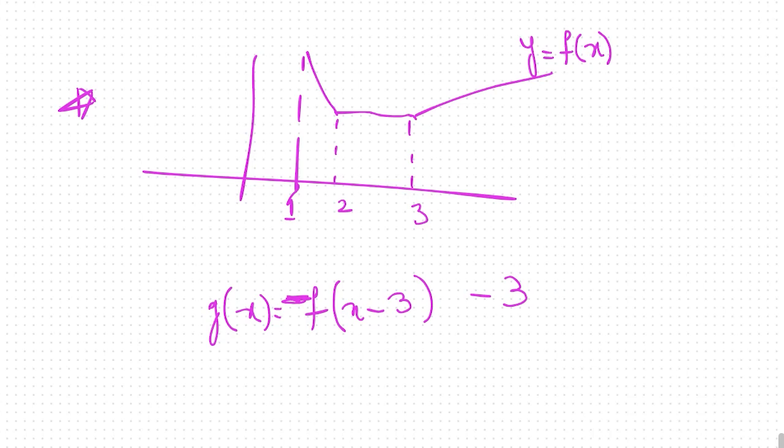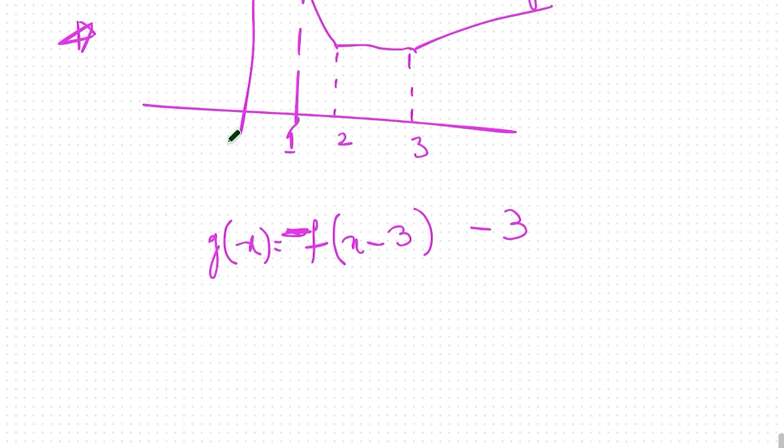So you would have to move everything to the right by 3, and then move everything down by 3. And is that all? Oh, and make it symmetric across the x-axis. Okay. So draw it.